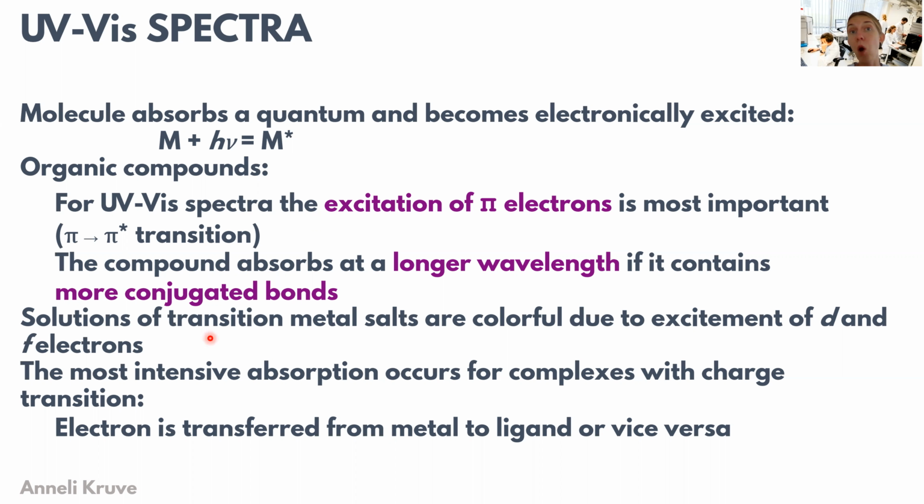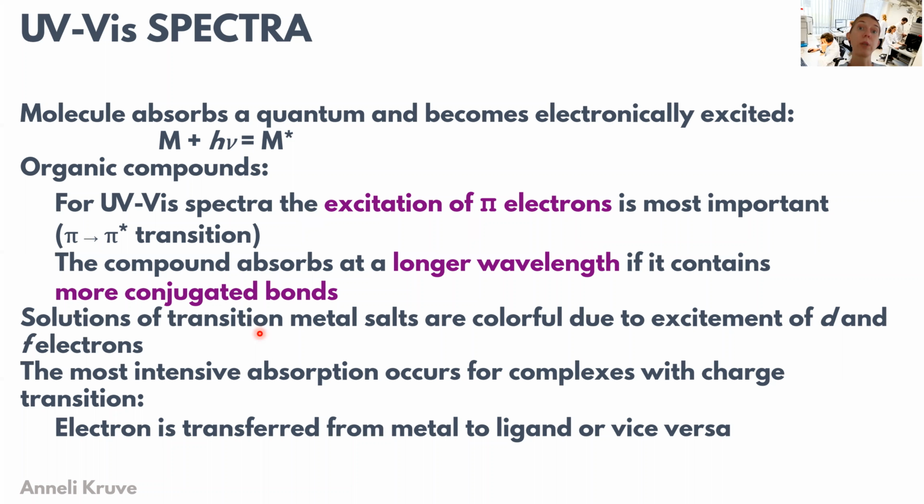In case of transition metals in solutions, we usually see transition metal water complexes or other additive complexes. For these transition metal solvent complexes, we also very often see absorption in the ultraviolet visible range. This is already clear from the color of the solution.